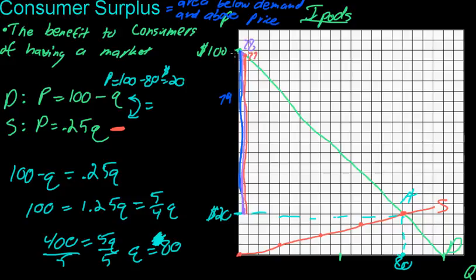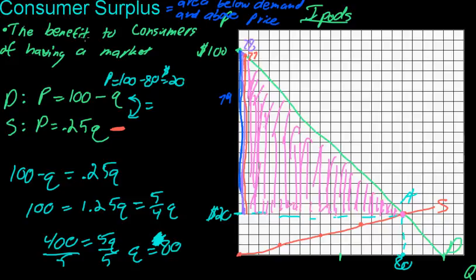And if you keep on doing this all the way down to the very last consumer that will pay exactly the market price of $20 and gets no additional surplus, you see that consumer surplus, the added benefit to consumers of having a market, is this triangle right here.